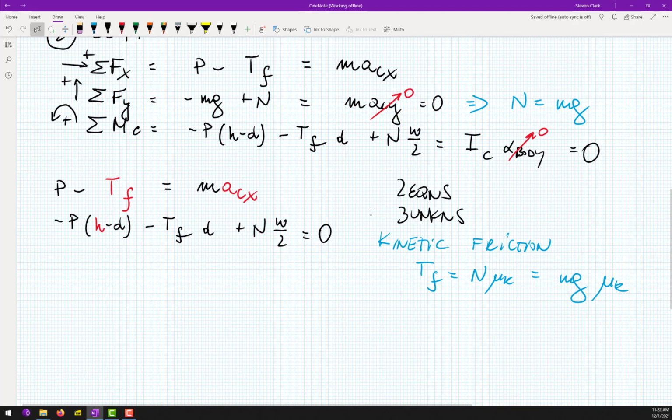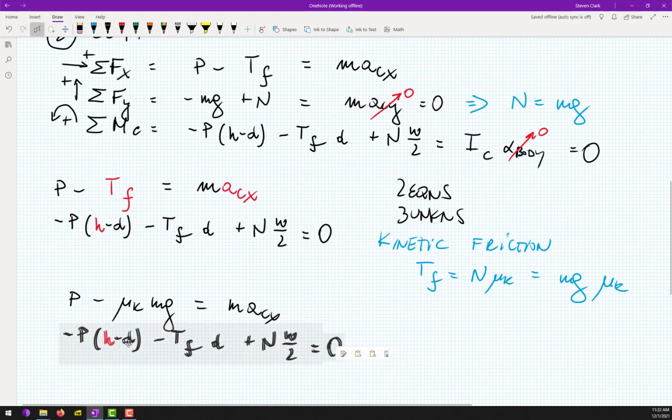So we have P minus mu k mg is equal to m acx. I'll just copy that equation, and I will replace Tf with what we just found.